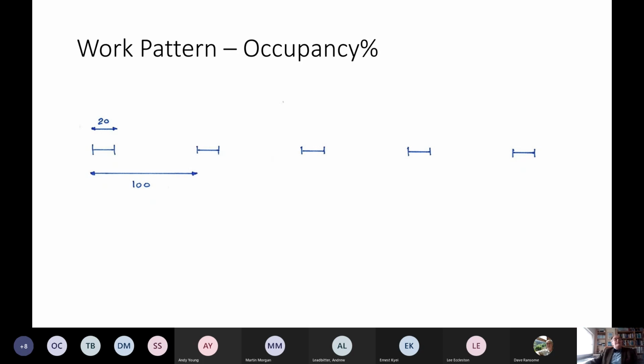Here's my little hand sketch to indicate a possible work pattern where somebody is spending 20% of their time. I've not indicated any units here. It doesn't really matter whether these are hours or days, minutes.